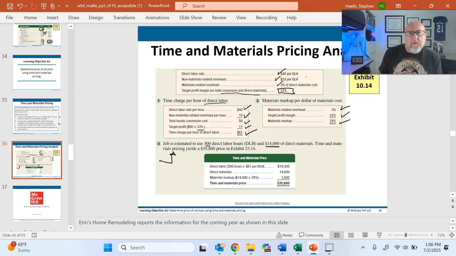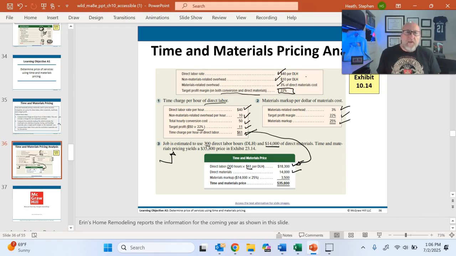That's direct material. So 300 hours times our $61 per hour. And again, that 61 is direct labor, indirect labor, and the markup. So $61 times 300 hours, 18,300, right? Then we have just straight up $14,000 in material.